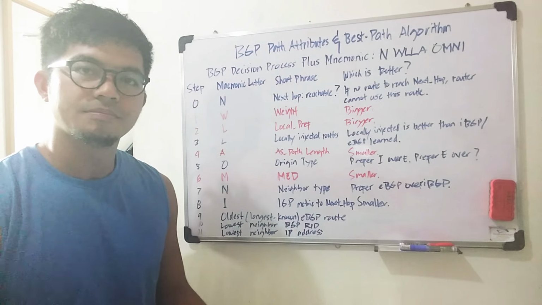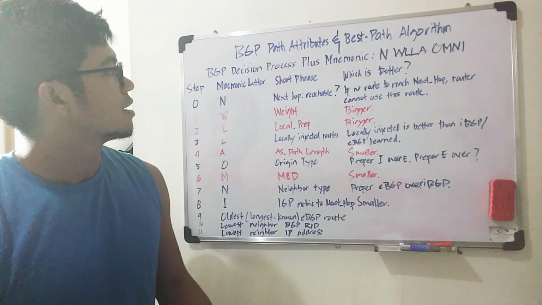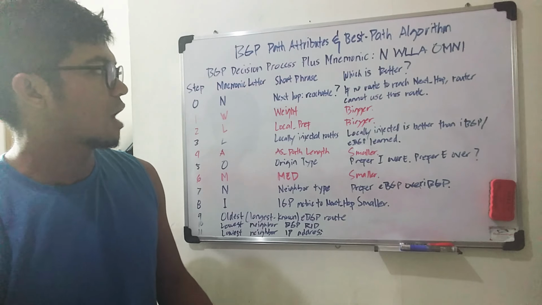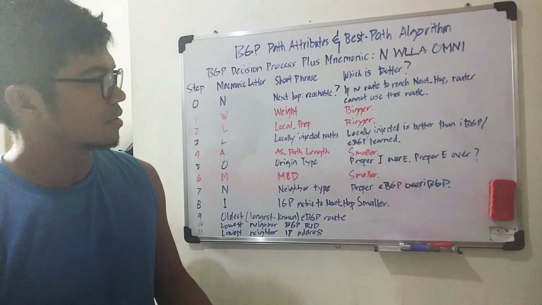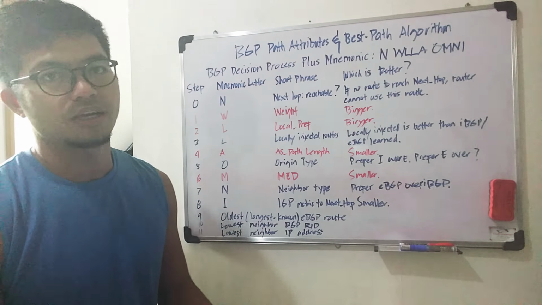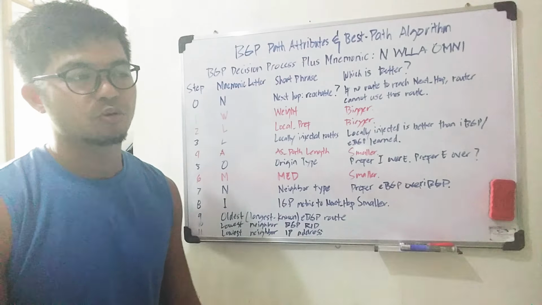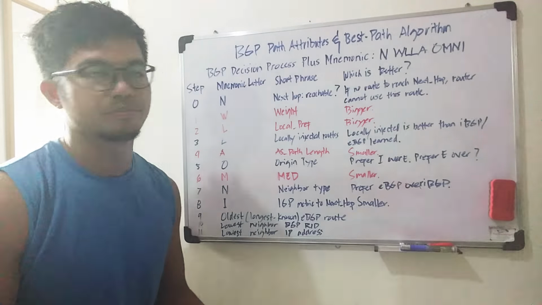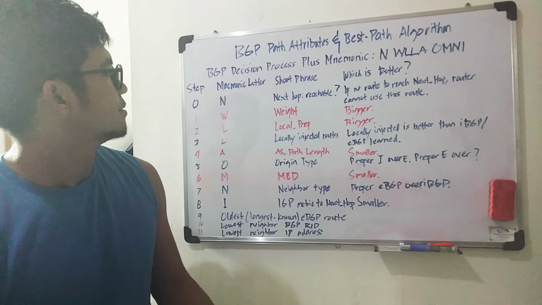If there is no route to reach the next hop, the router cannot use that route, of course, and the BGP neighborship will not form in the first place, right?